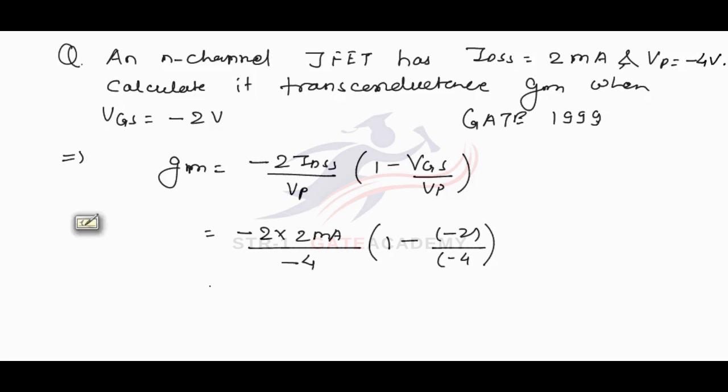Solving this, we get minus 4 into 10 raised to power minus 3 divided by minus 4 into 1 by 2. It will be 0.5 millisiemens.